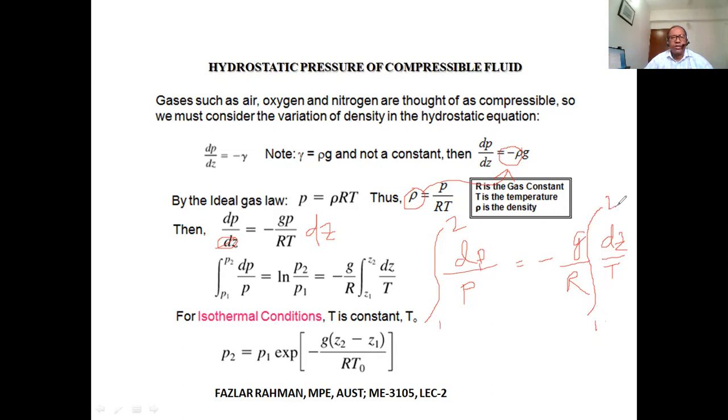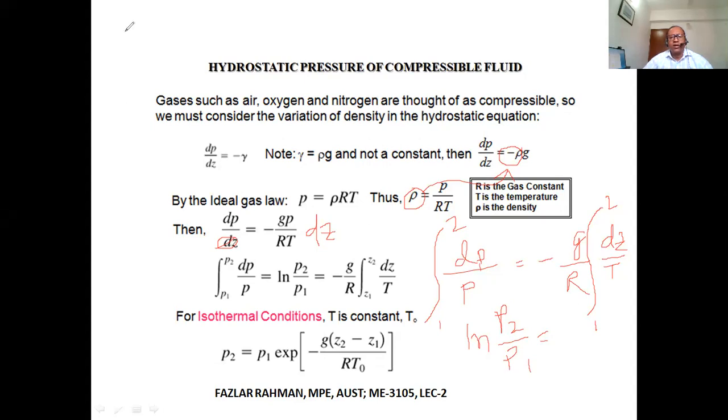If you integrate from 1 to 2, on the left side you get ln P, and after you put the limits, ultimately it becomes ln of P2 by P1. On the right side, they keep g by R in front of the integration and dz by T. Why did they put it like that?